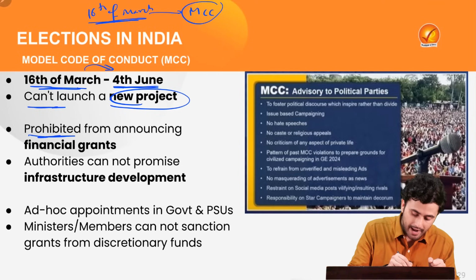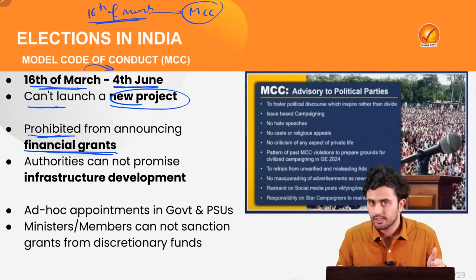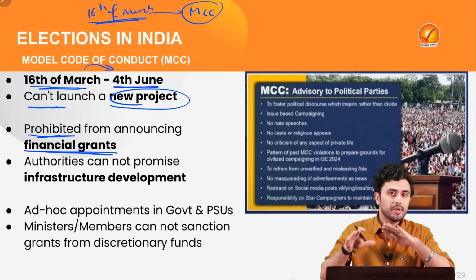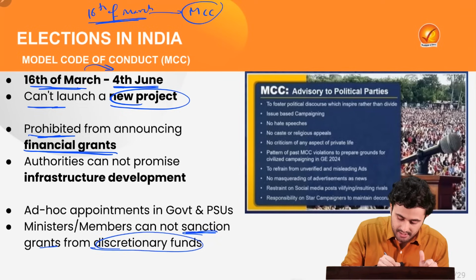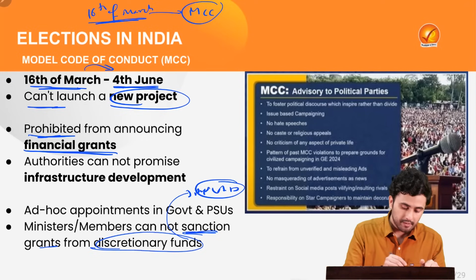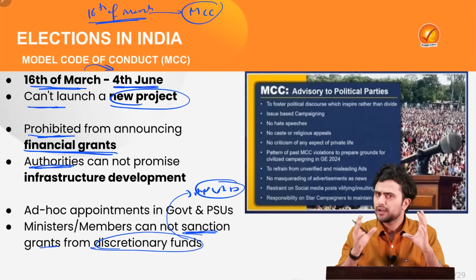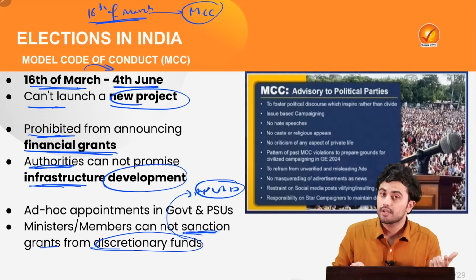Similarly, the candidates are prohibited from announcing any financial grants, and any current member of parliament cannot sanction grants from discretionary funds such as MPLADS. At the same time, the government authorities cannot promise infrastructural development. What does this mean?